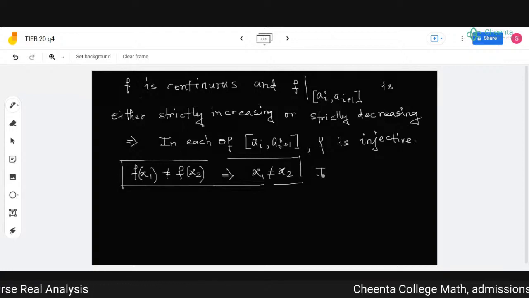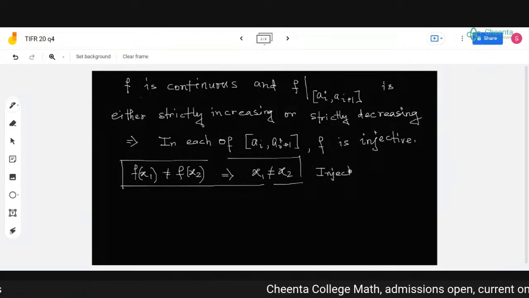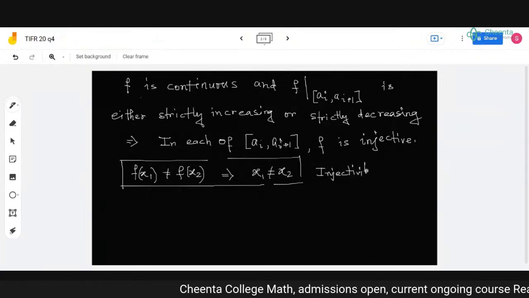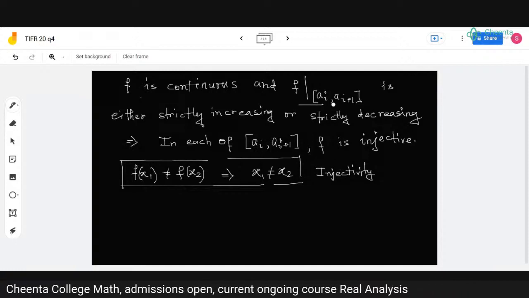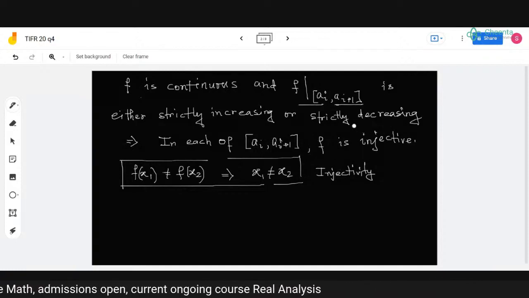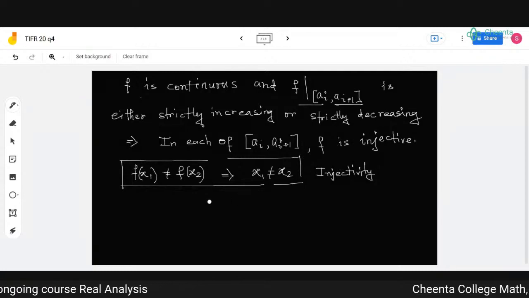Now since our f is strictly decreasing or increasing in these closed and bounded intervals, what does that mean?